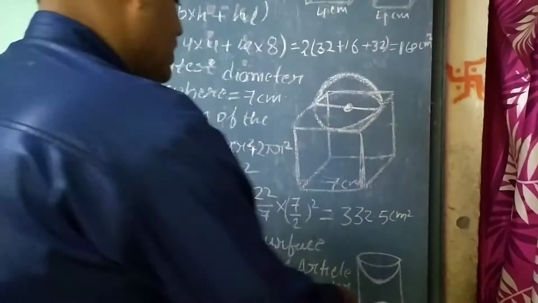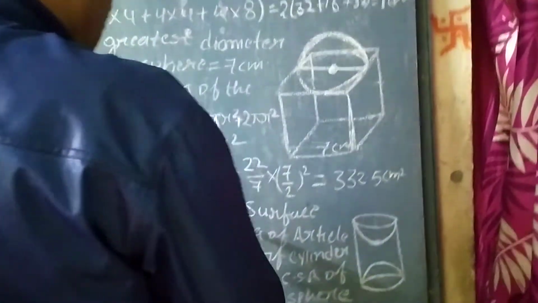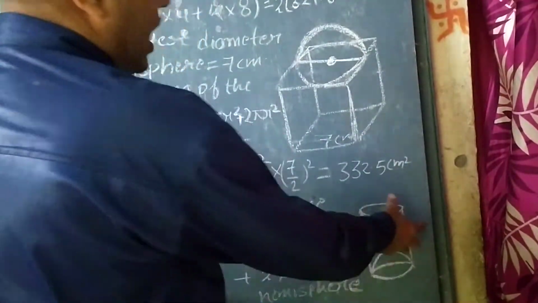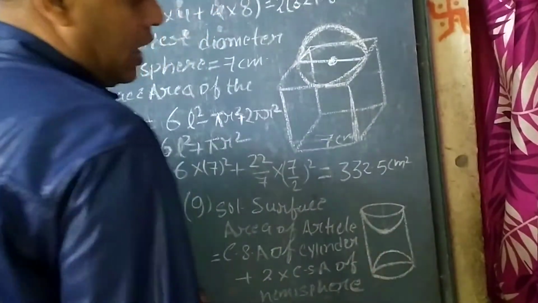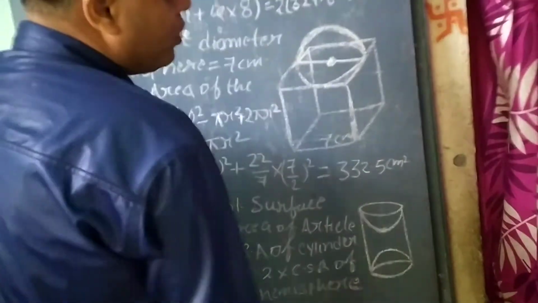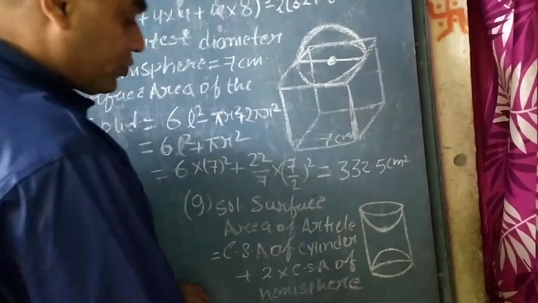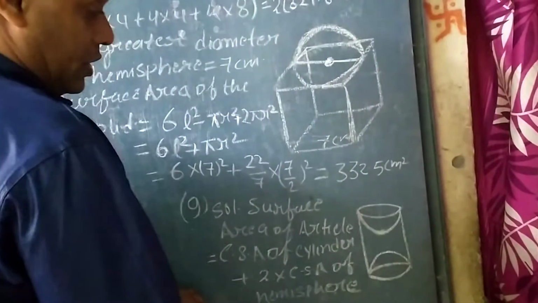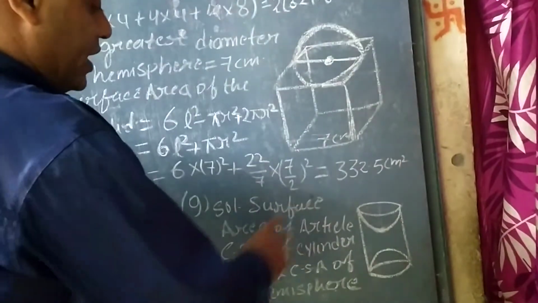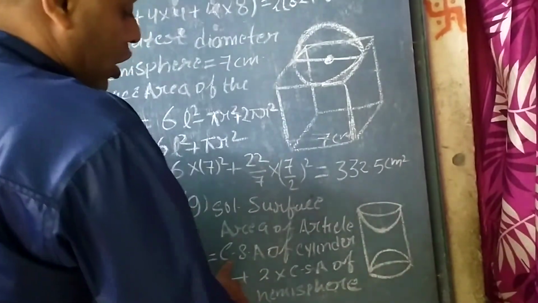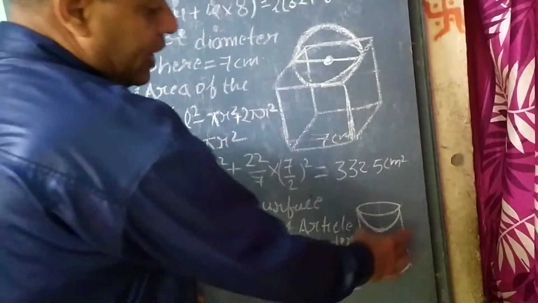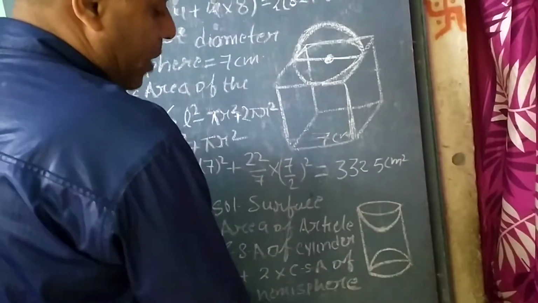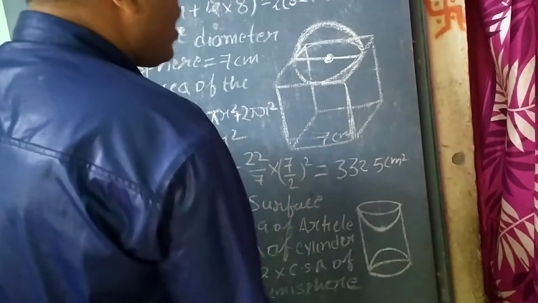Two hemispheres are scooped out from the cylindrical wooden box. So the surface area of the article equals the curved surface area of the cylinder plus 2 into the curved surface area of the hemisphere.